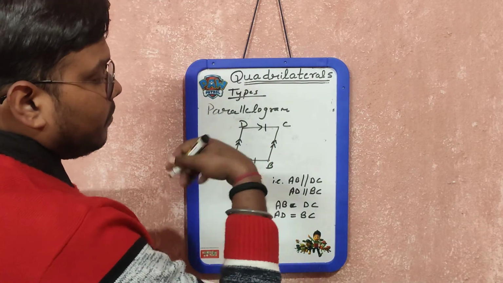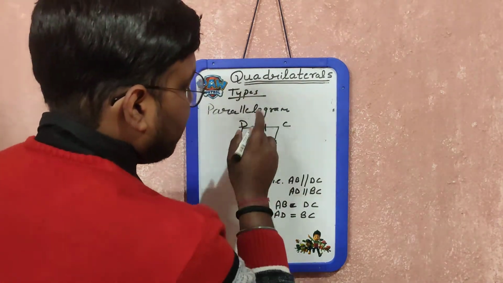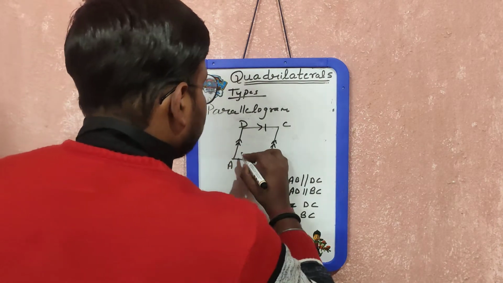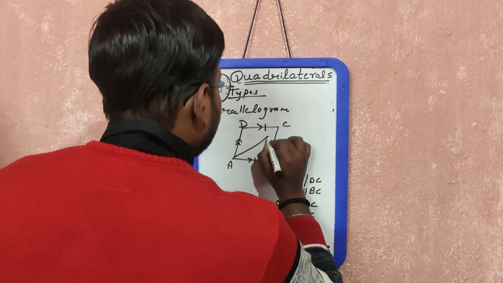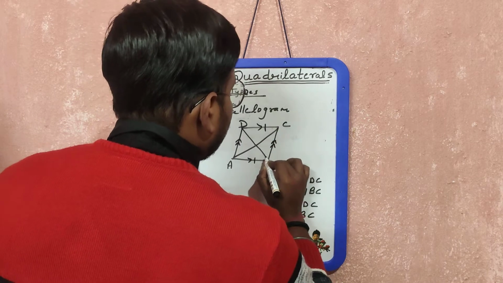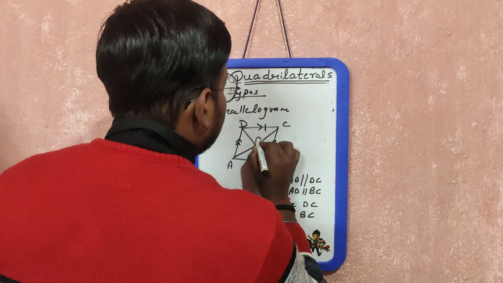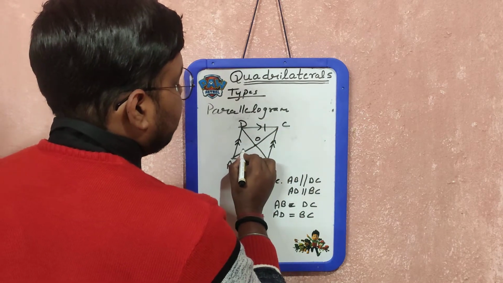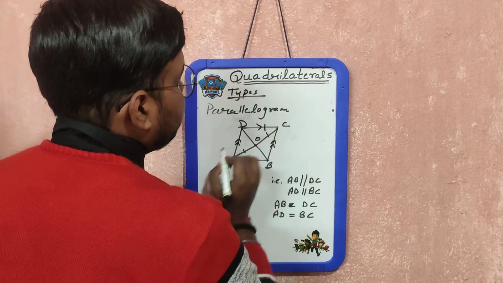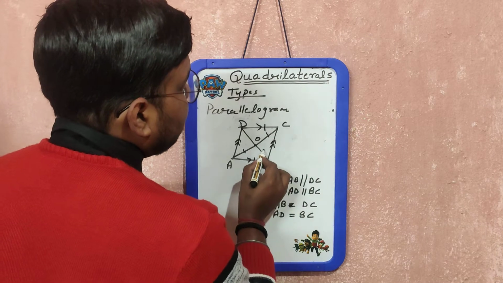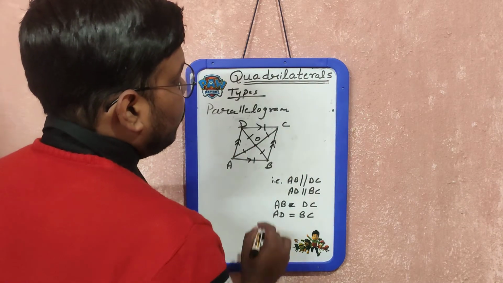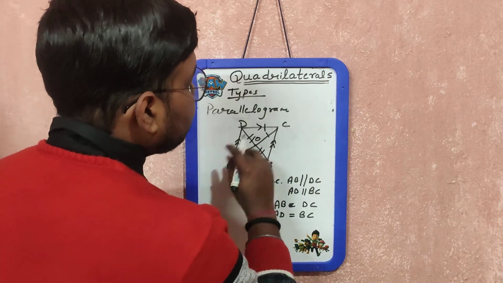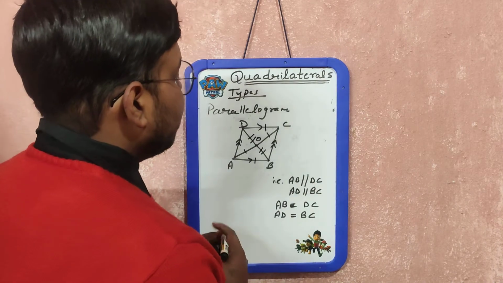The property of the diagonals of a parallelogram is that diagonals bisect each other. If we draw the diagonals, then in diagonal AC, AO is equal to OC, and in diagonal DB, OB is equal to OD. That means diagonals bisect each other.